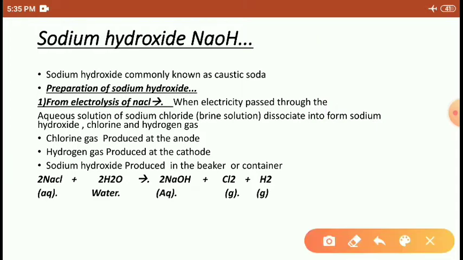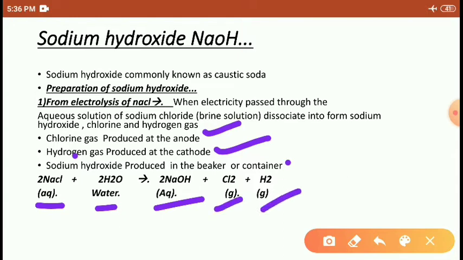So chlorine gas moves towards the anode, hydrogen gas moves towards the cathode, and sodium hydroxide is produced in the beaker or container. The reaction, students: 2NaCl reacts with water to form NaOH, that is sodium hydroxide or caustic soda, and chlorine gas and hydrogen gas are liberated.